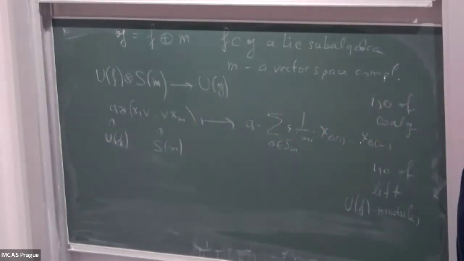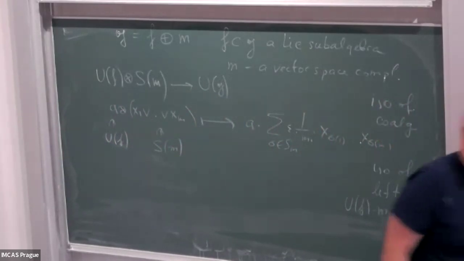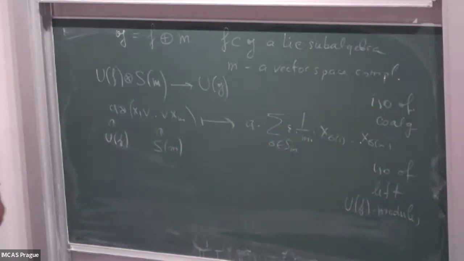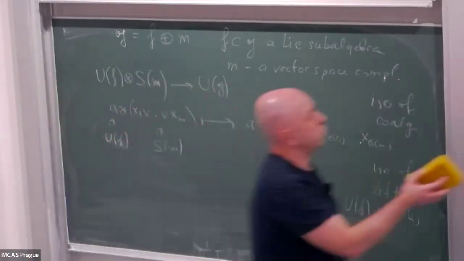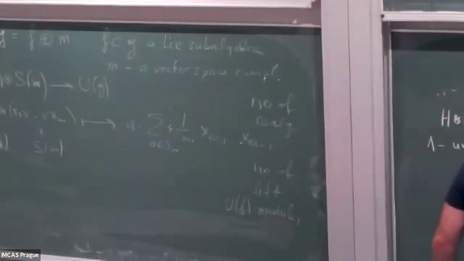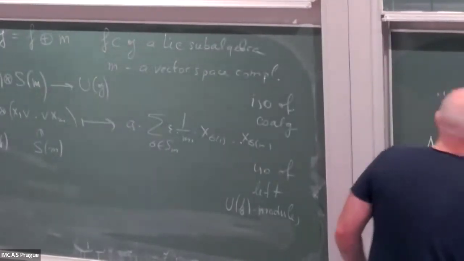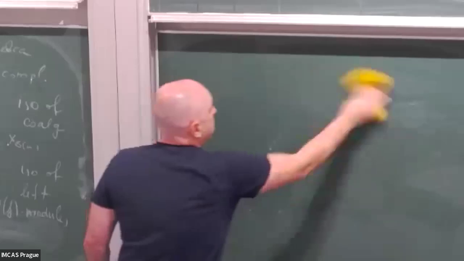So let's now continue. We now proceed with Lie algebras with some particular property, namely Z-graded Lie algebras.